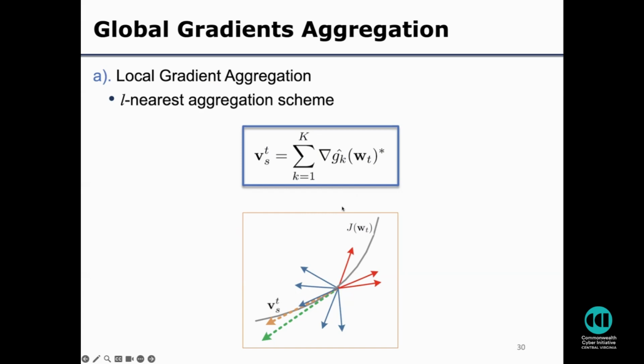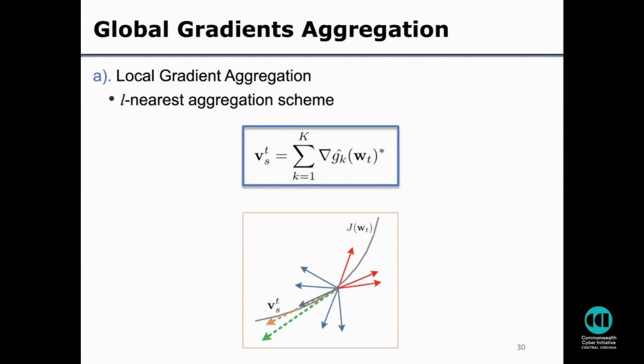As you can see from this figure, suppose the green line is the objective function. The green dotted line is the desired global gradient descent direction. We normalize the local gradients to unit vectors, with the blue lines denoting the honest data holders' gradients and the red lines the Byzantine data holders' gradients.